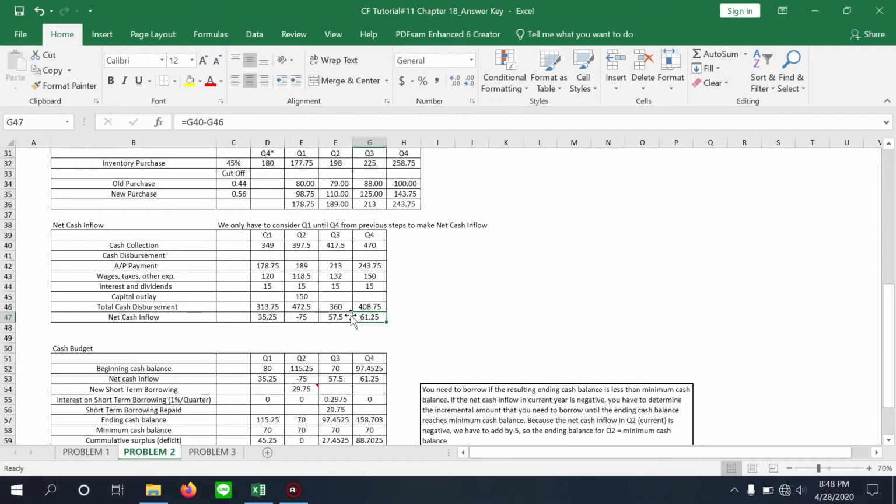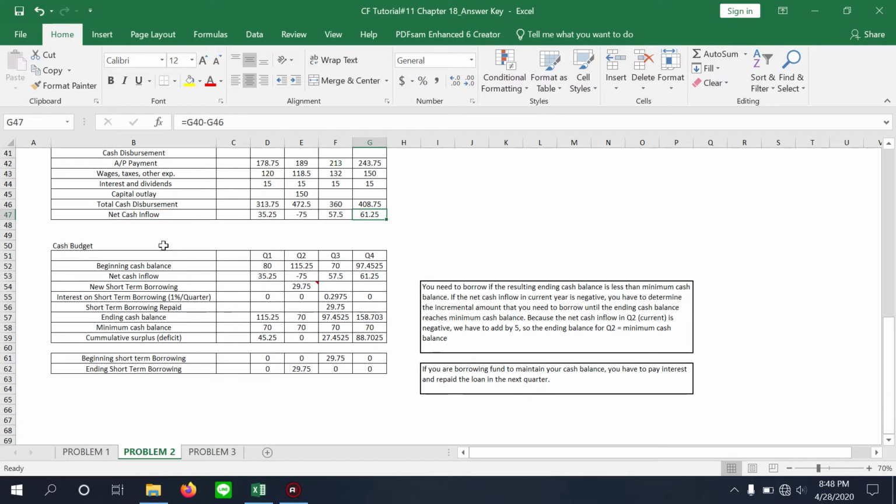After you find the net cash inflow, you will need to create a cash budget from it. In the cash budget, the steps are the same. However, there's one crucial step that you need to know. As you can see, there's a cumulative surplus of 45.25, which makes the beginning cash balance increase to 1125.